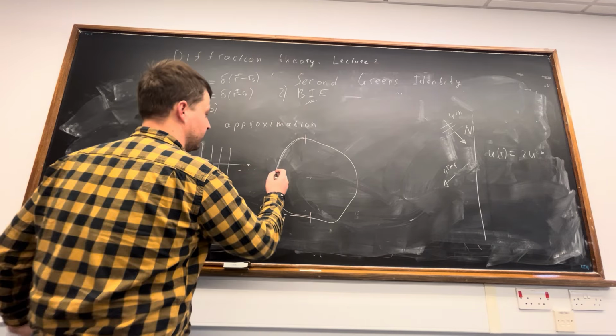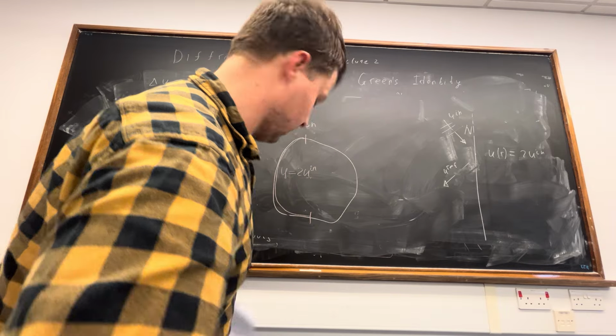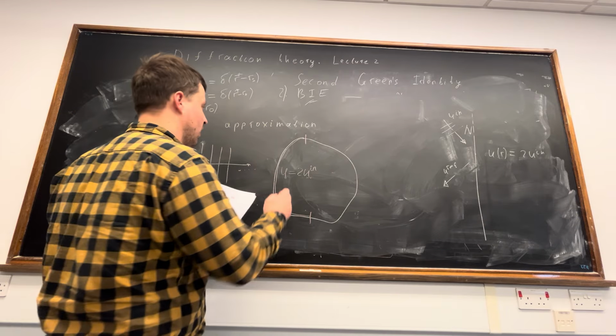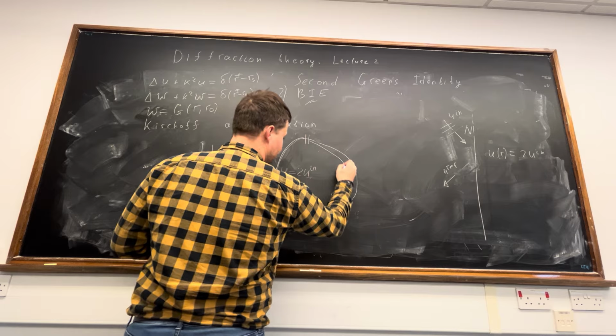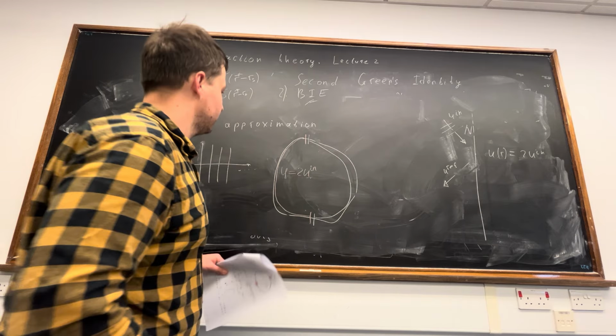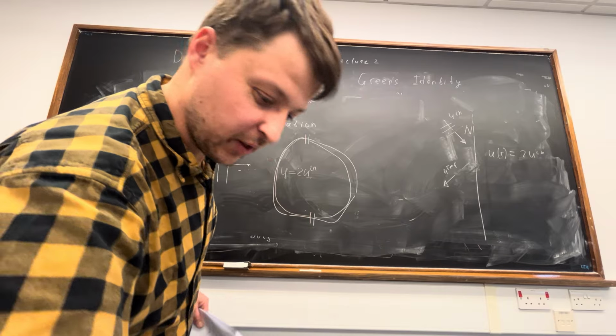I say that here U, the field, let it be equal to double the incident. And then I have the shadow region. I have light and shadow regions. This is the good guy, this is the bad guy.